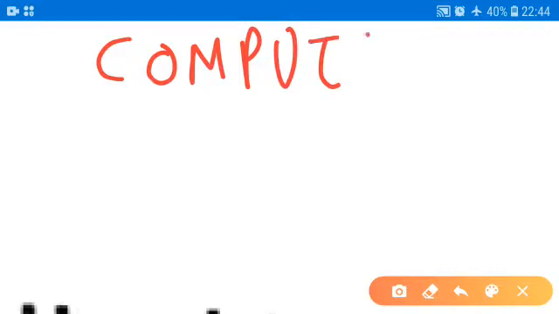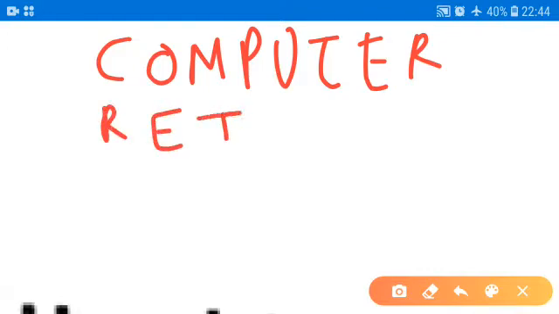We will first write computer, then reverse the order: RETUPMOC.